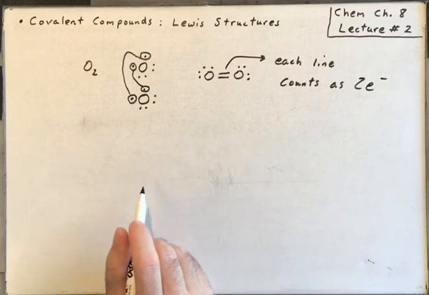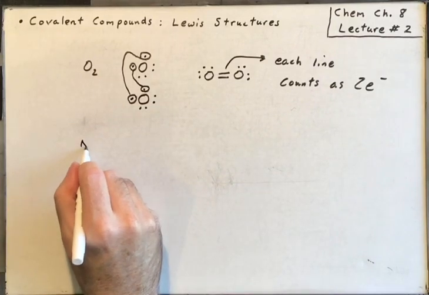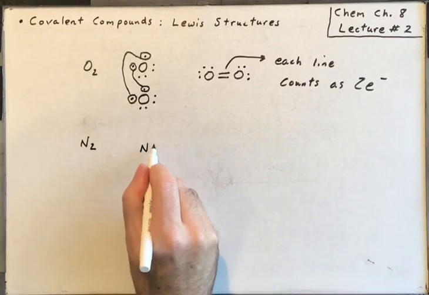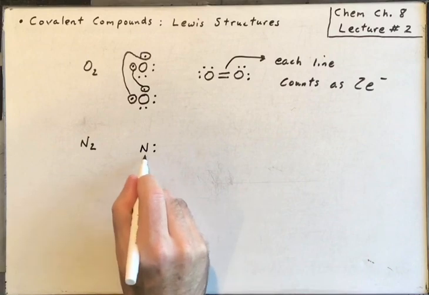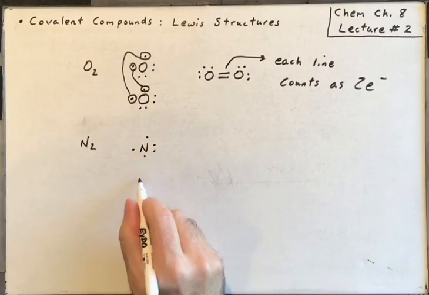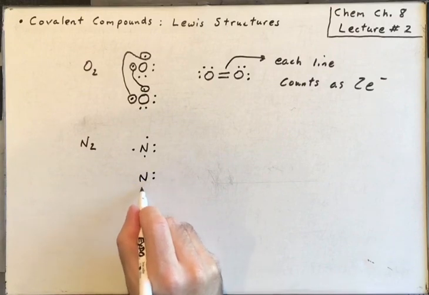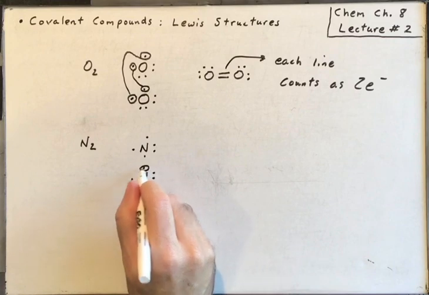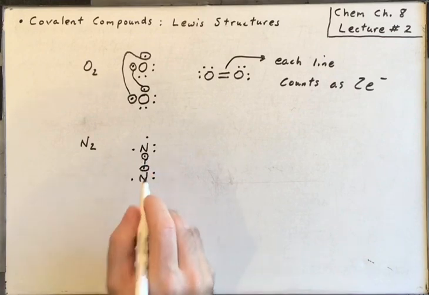Okay, let's talk about a triple bond. The most famous triple bond is nitrogen. So each nitrogen would have, it's in column 5, right? Oxygen was in column 6, nitrogen column 5. So 5 valence electrons. So we would have something like a share there.